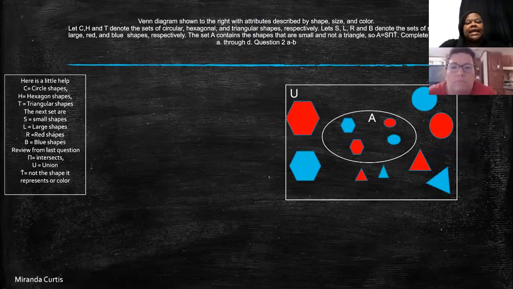The set A contains the shapes that are small and not a triangle. So A equals S intersect not T. Complete parts A through D.